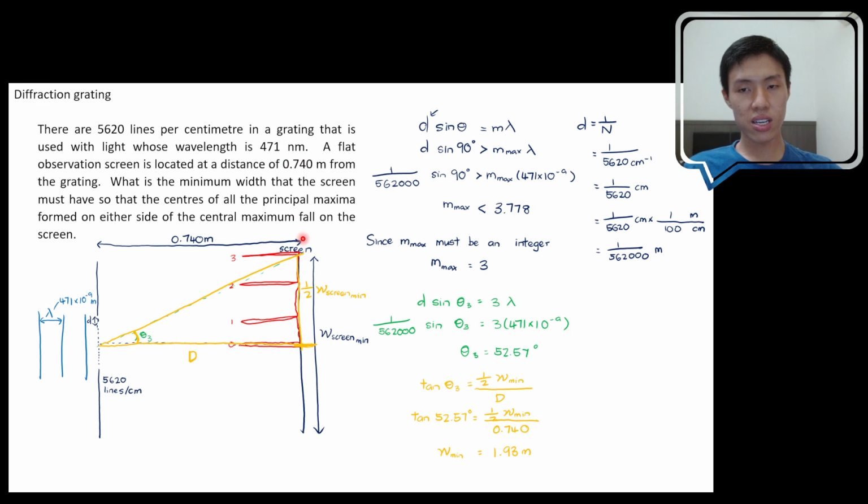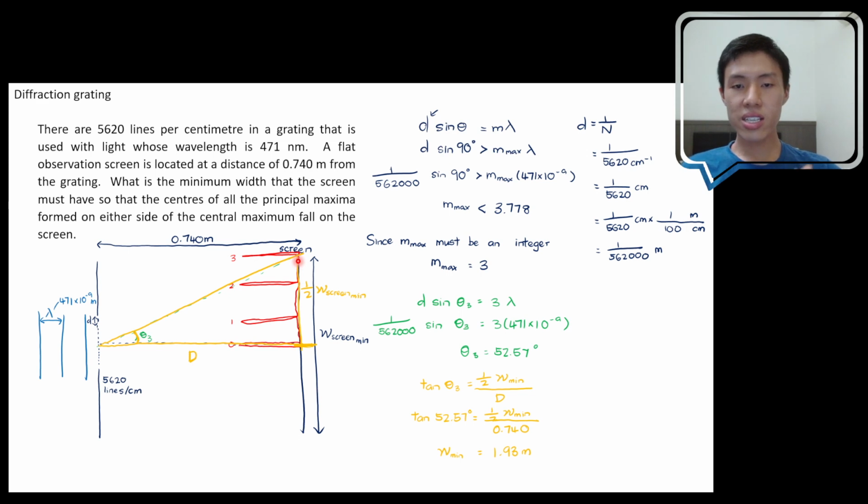That's why we call this a minimum width, because you cannot go less than that. If you go less, the third bright maxima cannot be formed, because the light will fall away or above the screen. So the maxima can never be formed if the width of the screen is less than that.